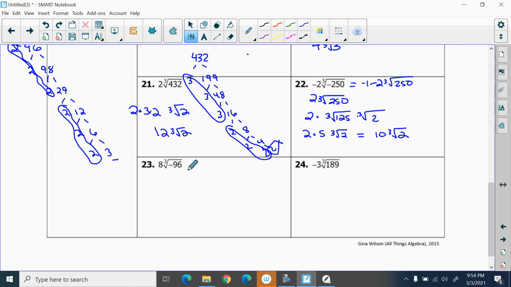Let's do the same with this 96 here. So I'm going to take a -1 out here. So I'm going to have -1 times 8. And the cube root of 96, let's see, 96 is divisible by 3, and that's 32.